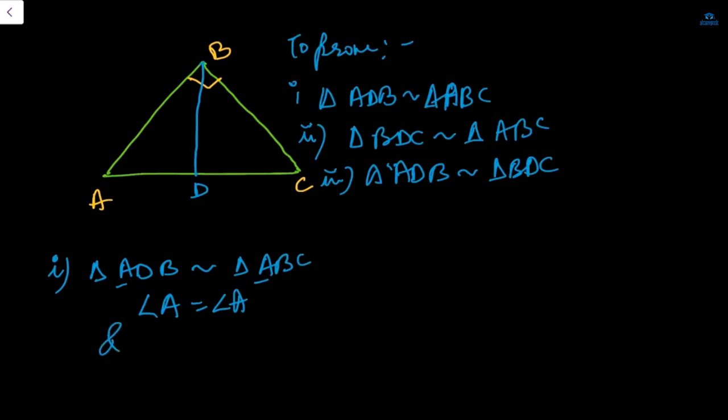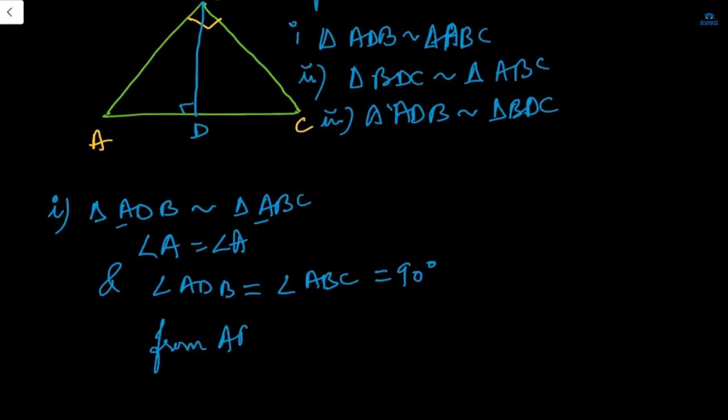And then you have a 90 degree angle because BD is perpendicular. So angle ADB is equal to angle ABC, equal to 90 degrees. So two angles you have already got. So from AA similarity, both the triangles are similar.